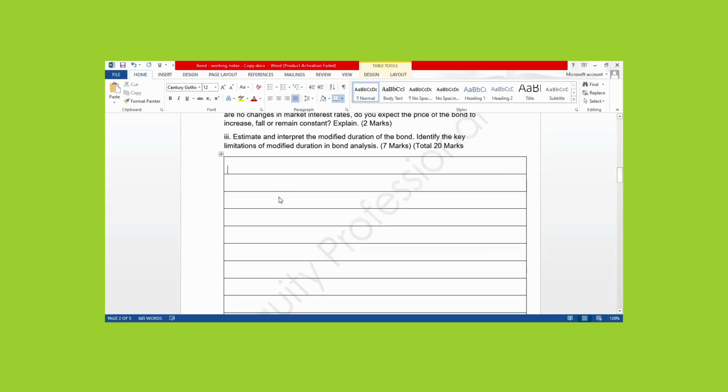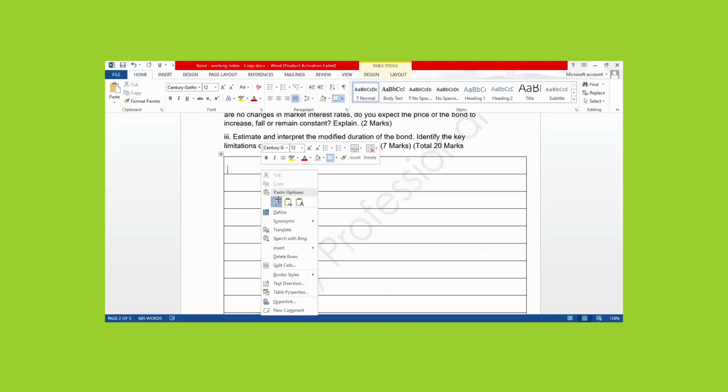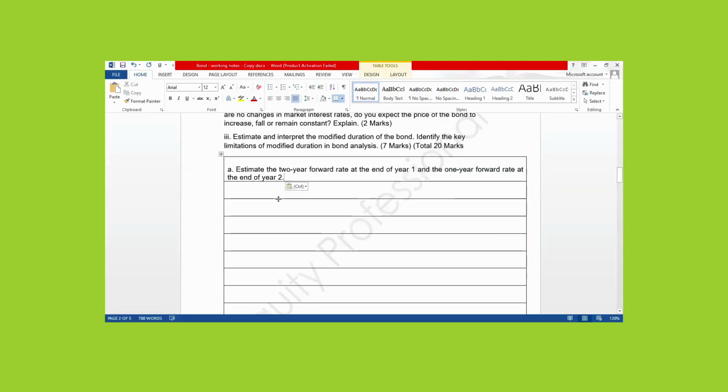Now requirement A: I'm to estimate the 2-year forward rate at the end of year 1 and the 1-year forward rate at the end of year 2.